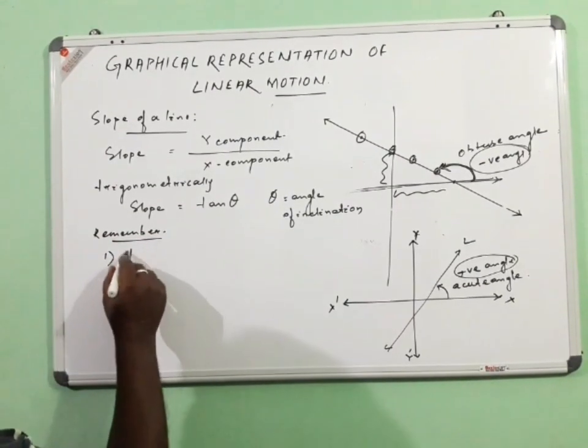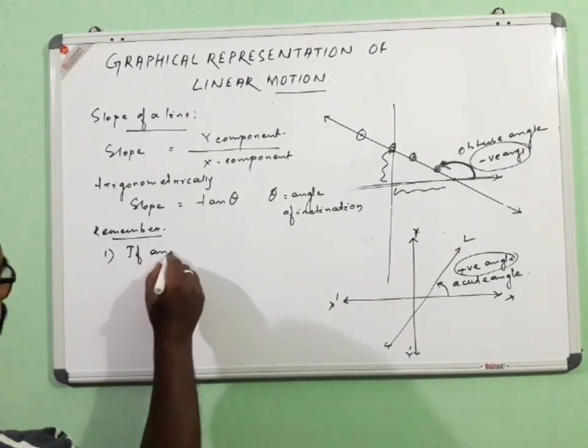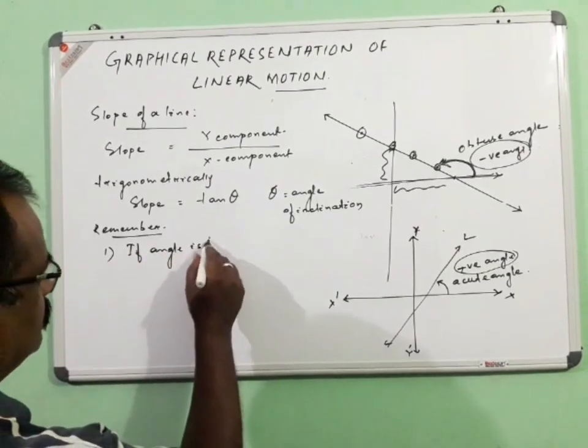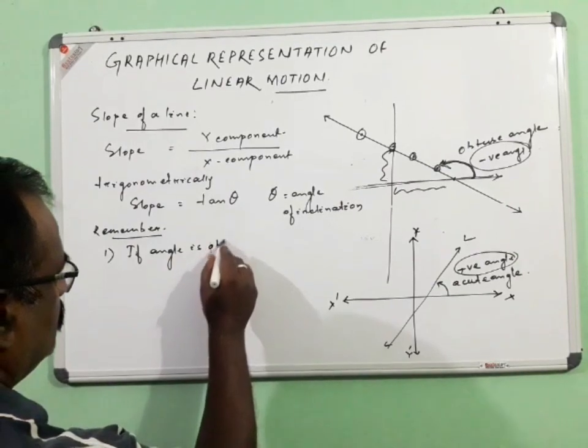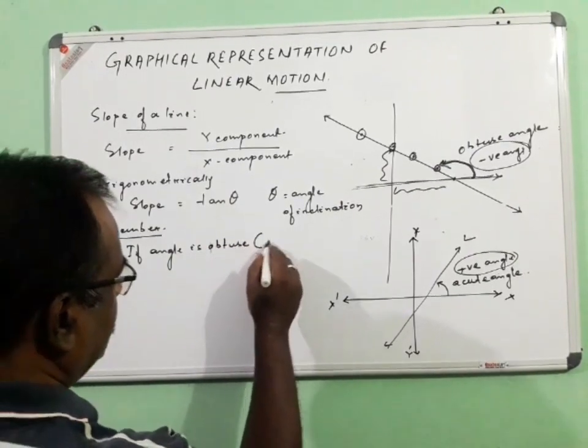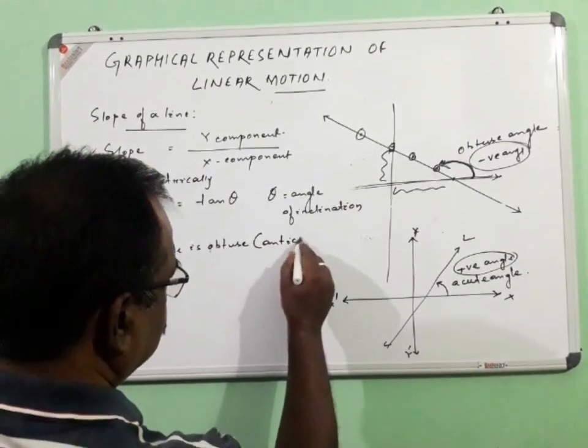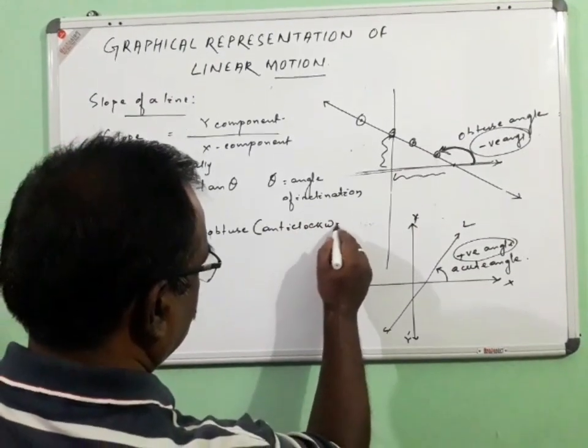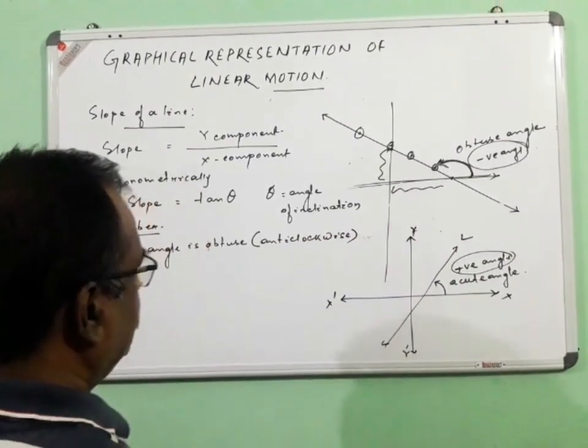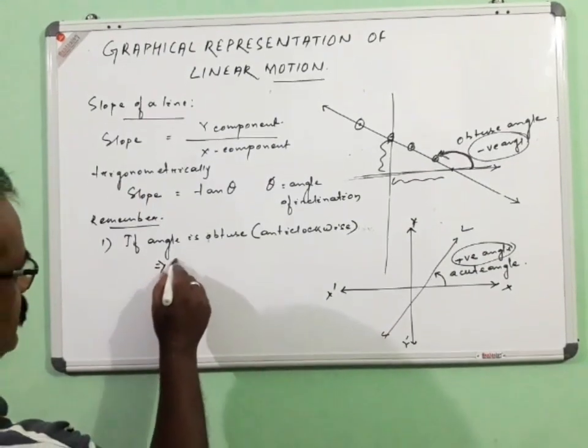If the angle is obtuse, when measured anti-clockwise with respect to the baseline, then in such cases the slope is negative.